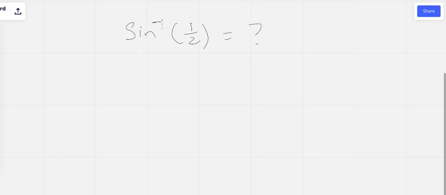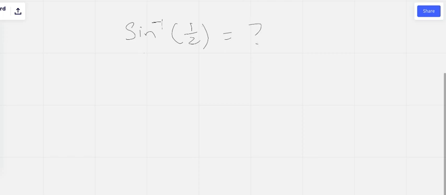With a better way to remember the unit circle, I'm going to teach you what trig inverse is. Trig inverse, in a word problem, will be asking you something like this: sine inverse of 1/2 is equal to what?